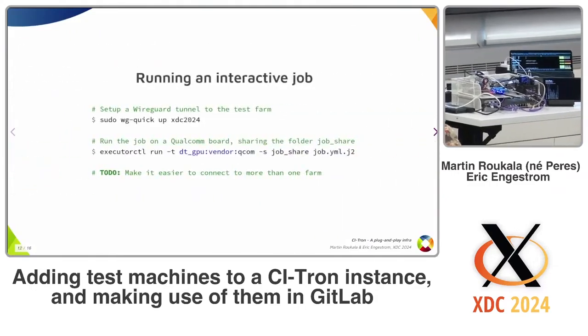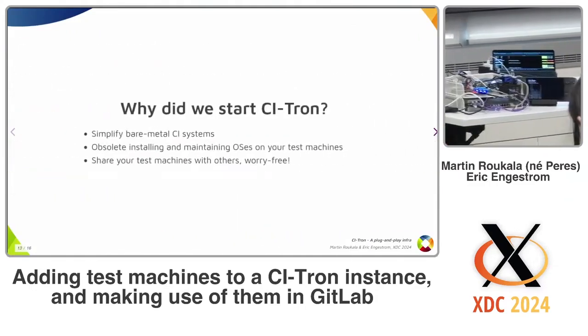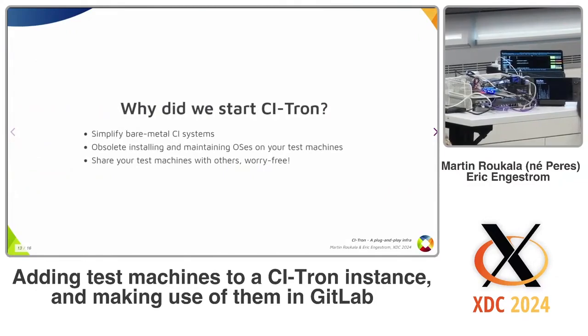So yeah, now you know that you can also run interactive jobs. And now comes the question: why did we decide to spend so much time on CI-Tron? Well, that's because we want to make it possible for developers to share the test machines without feeling like they could destroy their setup and rootfs, or change a variable somewhere and then not know what your boot configuration is. It's terrible, so we want to get rid of that.